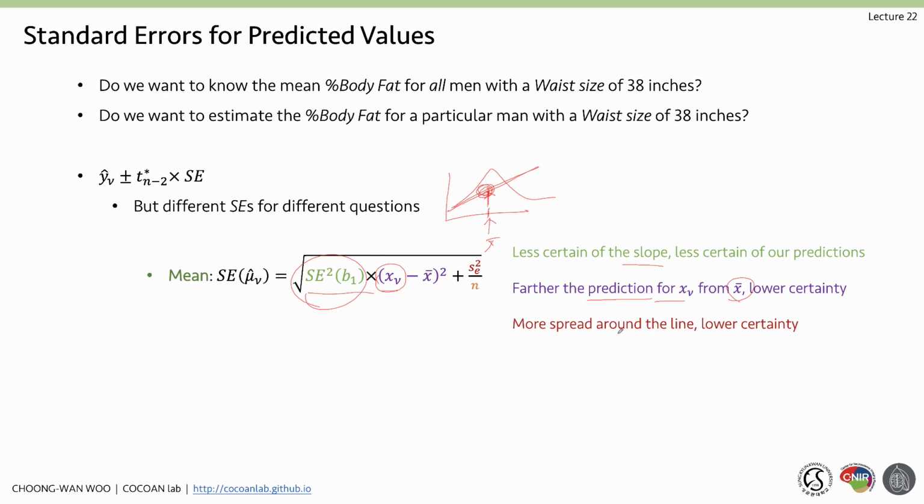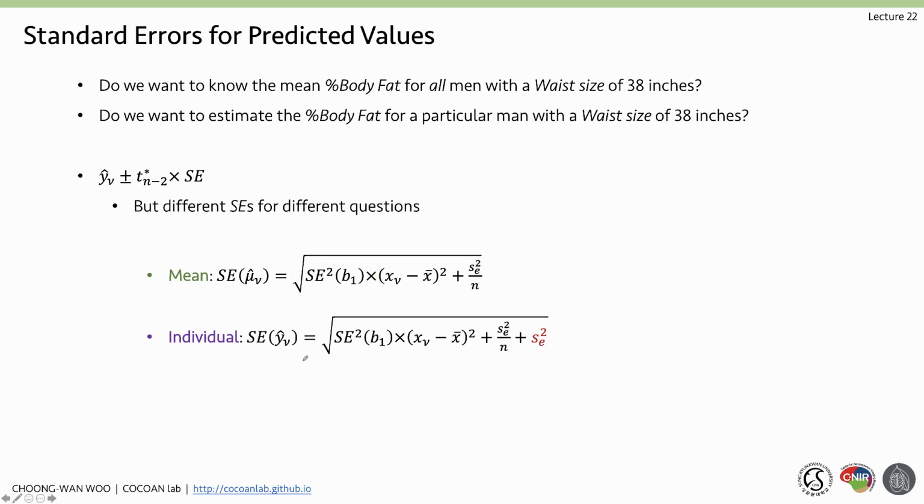If there is more spread around the line, we have lower certainty, like really narrow dots compared to a really broad spread. Of course, more spread means lower certainty. Therefore, we are adding this component. And if we have more data, we have higher certainty, so we divide that by n.